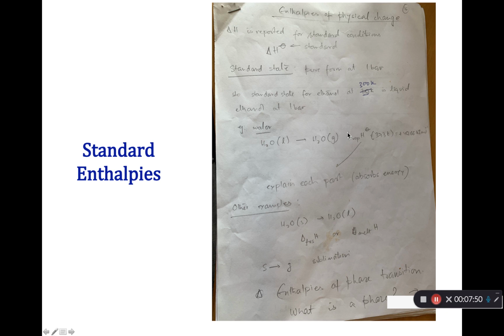The standard enthalpy change is signified by this symbol on top of H. The subscript vap refers to a vaporization process, and the standard vaporization enthalpy of water at 373 Kelvin is 40.66 kilojoules per mole, which means that the amount of enthalpy absorbed when you heat 1 mole of water from liquid to gas at 100 degrees centigrade is about 40.66 kilojoules.